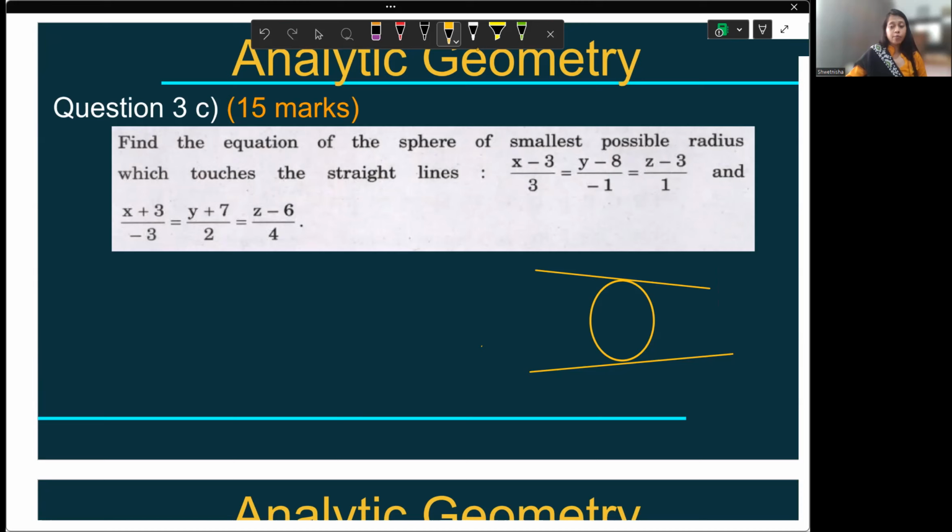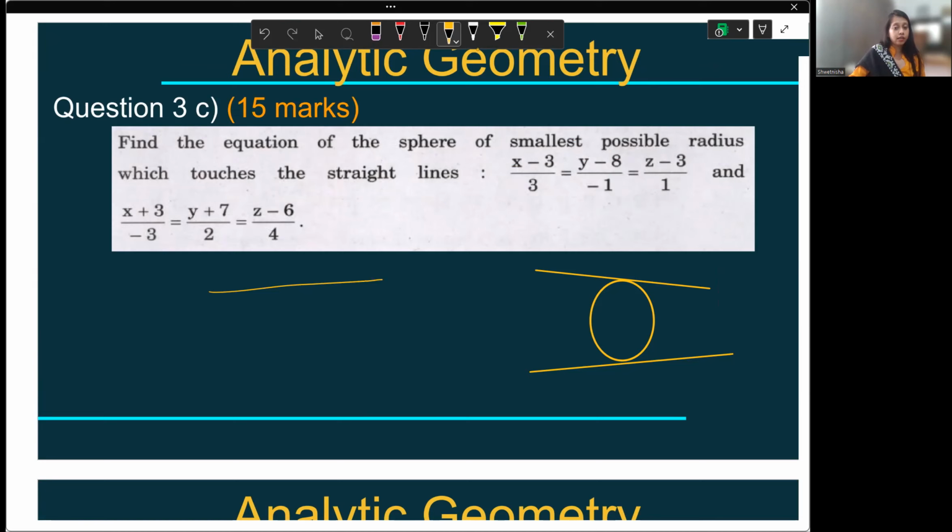See, first of all, it's very important to check whether these are intersecting lines in 3D, because if they are intersecting lines, then we cannot proceed. It is not possible to draw such a sphere. So first of all, I'll prove that they are skew lines, right?